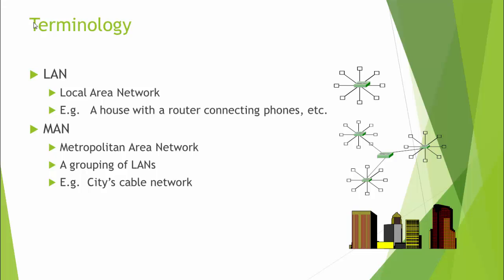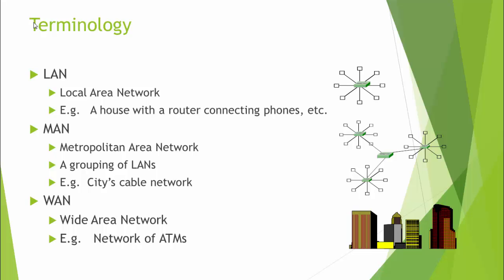On the other hand, there may be networks the size of a city, like a Cogeco cable network. And these are typically groups of LANs. There can actually be larger networks than this, ones that sometimes cross borders from one country to another. So these wide area networks, well, an example of these would be ATMs.